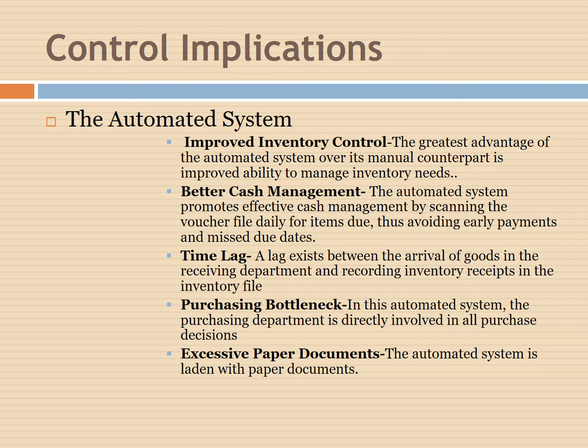The greatest advantage of the automated system over its manual counterpart is improved ability to manage inventory needs. Inventory requirements are detected as they arise and are processed automatically. As a result, the risk of accumulating excessive inventory or of running out of stock are reduced.